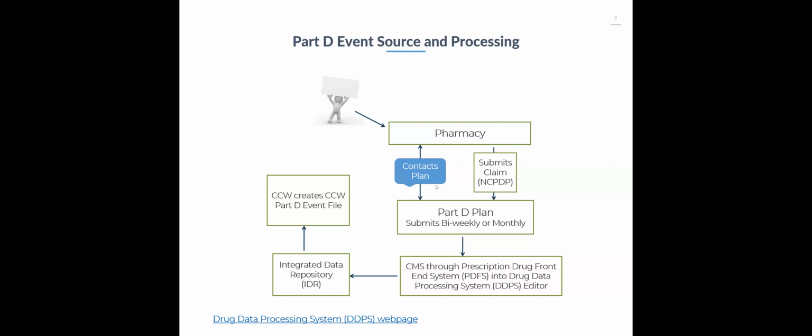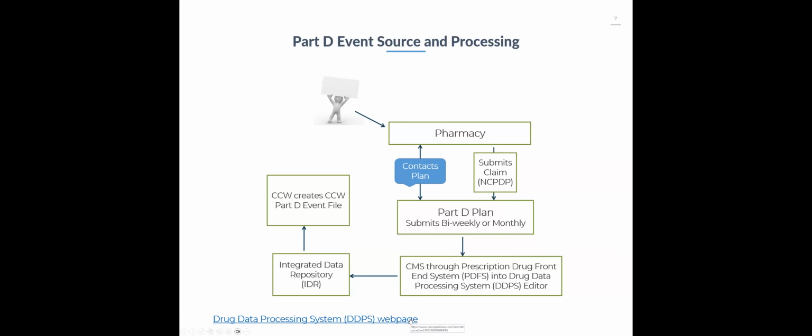Then that goes to the private Part D plan, and they will submit to CMS biweekly or monthly. Now it says biweekly or monthly, but that doesn't necessarily mean that they're submitting from the previous 2 weeks. They've done some work, and so they're submitting whatever they have done for that time period, either biweekly or monthly. Then it goes through the CMS prescription drug front-end processing system and into the drug data processing system.